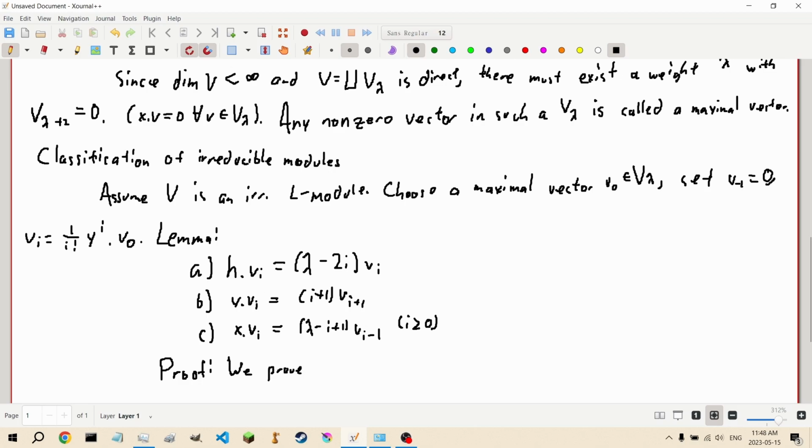We're going to prove C by induction on i. Once again, i equals 0 is automatic because we set v_{-1} to just be 0.